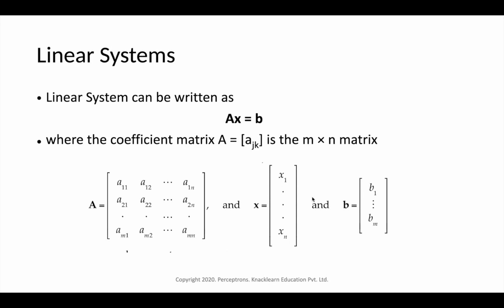So x has n components and b has m components for the matrix of size m cross n, where we have m rows and n columns.